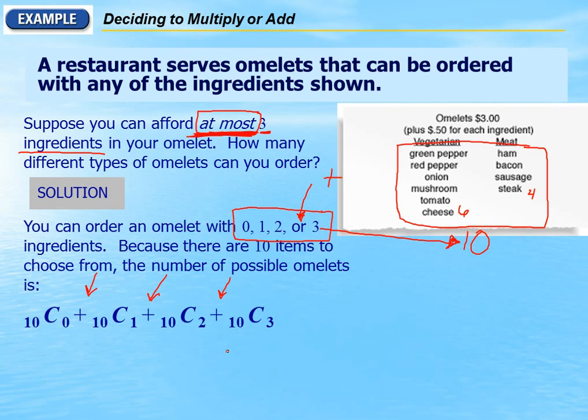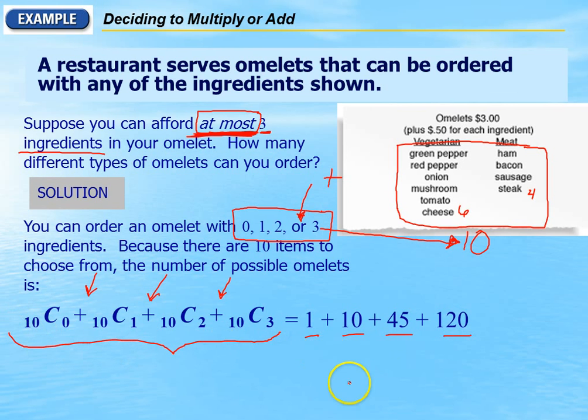So we type them in, 10 choose 0, 10 choose 1, 10 choose 2, 10 choose 3. If you type them in separately, you get 1, 10, 45, 120, but you don't have to. You can type them all in at once. It does not matter. You type them in, there's 176 different omelets you can make.